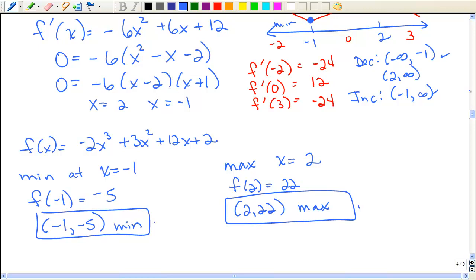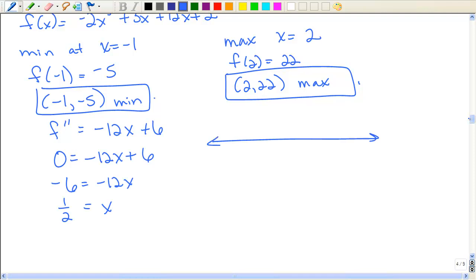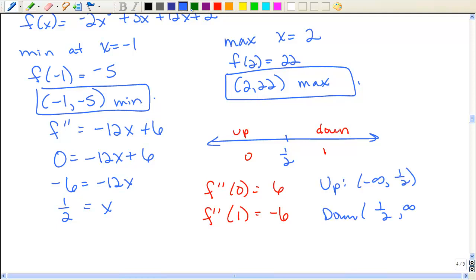I believe the next thing I have to do is figure out the concavity. So I'm going to come back up here to the first derivative and take the second derivative, set that equal to 0, put that on a number line, test regions. So I know this is up, this is down. I also know that since it changed concavity, I have an inflection point when x is 1/2.